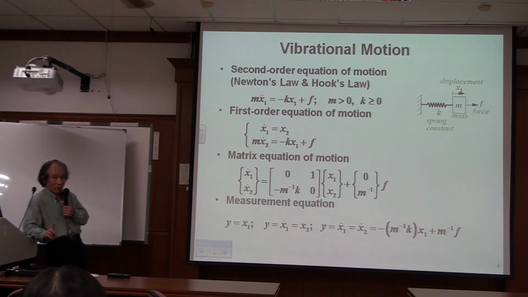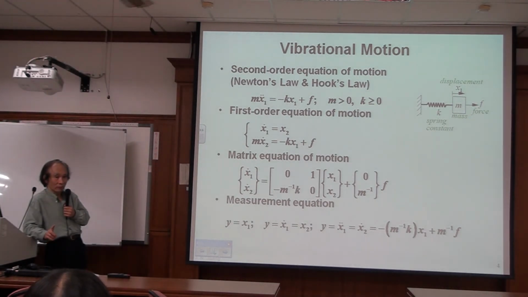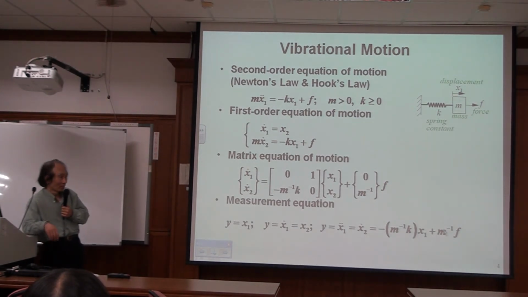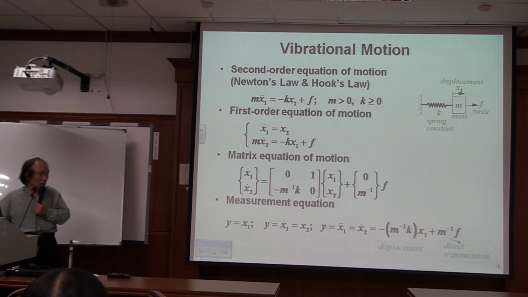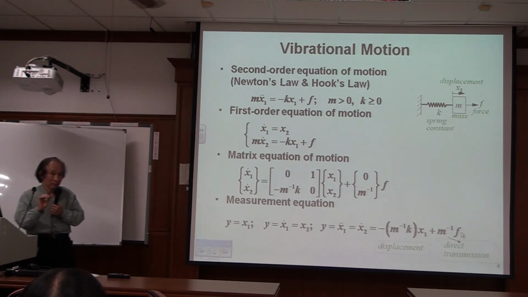So if I use acceleration measurement, you have 2 terms, one with the displacement term, one with the force term. The one with the force term, m inverse, we call the transmission term. So one term comes from force, one term comes from displacement, but added together, they have the same unit.